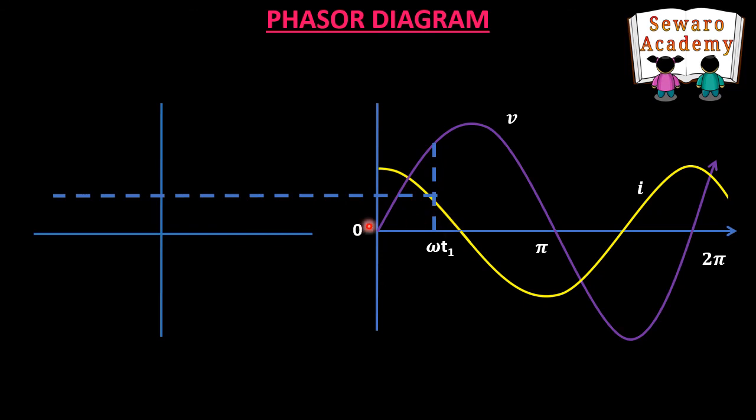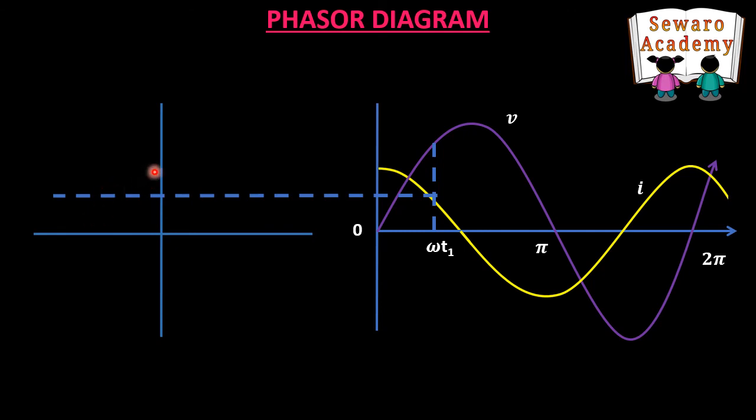So if we compare with the voltage curve, then it is this part of the curve where the voltage is also decreasing from maximum to 0. And if we see the angle here, this corresponds to 90 degree, pi by 2, and here it is pi or 180 degree. So we have to draw the phasor I between 90 degree and 180 degree, which is the second quadrant.